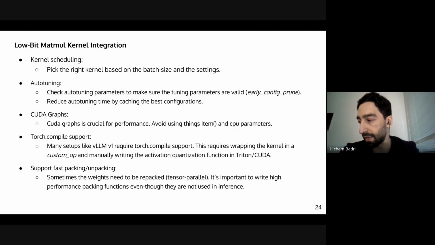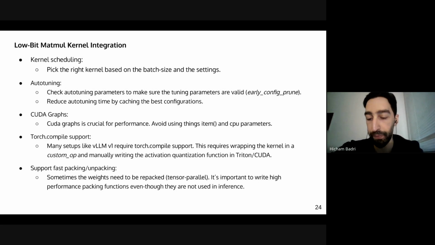Another thing is that just having the matmul kernels alone is sometimes not enough. On top of that, you also need to write the packing and unpacking kernels, because in some situations you actually need to unpack the weights and split them.